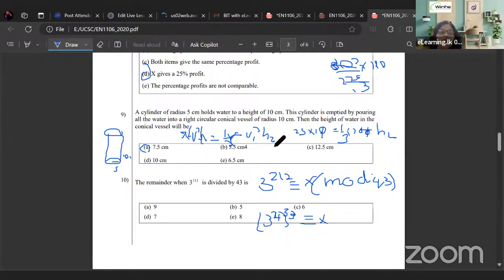Right. So when you find the answer, you consider only this part, then you can find it.